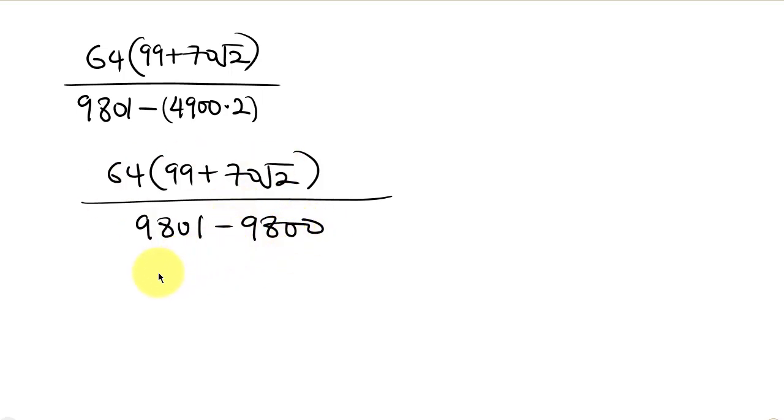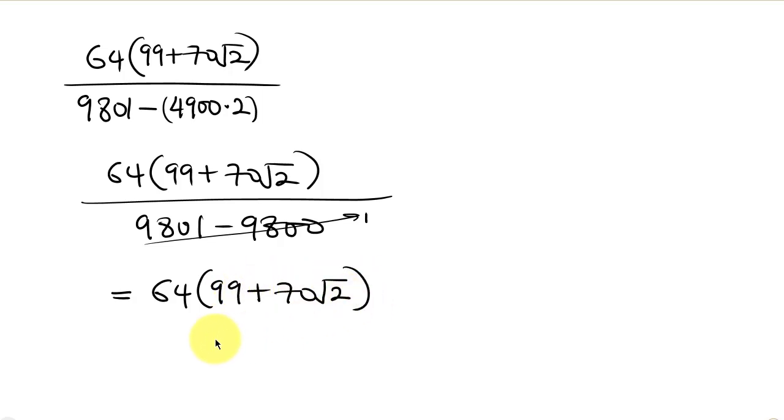Very good. So this becomes, remember, 9801 minus 9800 is 1. So on the denominator, I'm left with 1. And numerator divided by 1 is still the same thing. So this is equal to 64 times 99 plus 70 root 2. Very good.